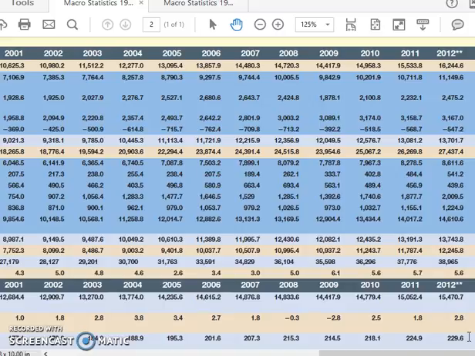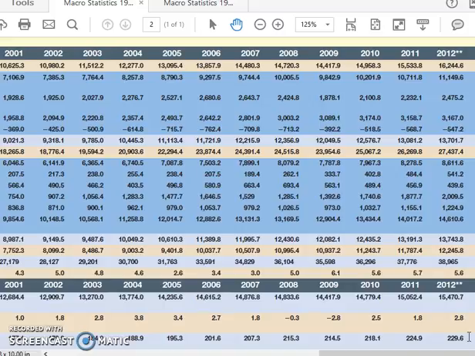So it's called the consumer price index. It's measured off of a market basket of typical consumer goods. So in 2012, which is the most recent data I have on this chart, the consumer price index was 229.6. Subtract away 100, that means prices are 129.6% higher than they were back in the base period of 1982 to 1984.